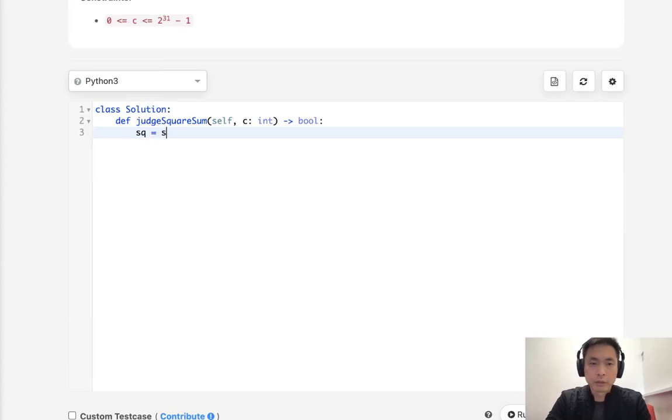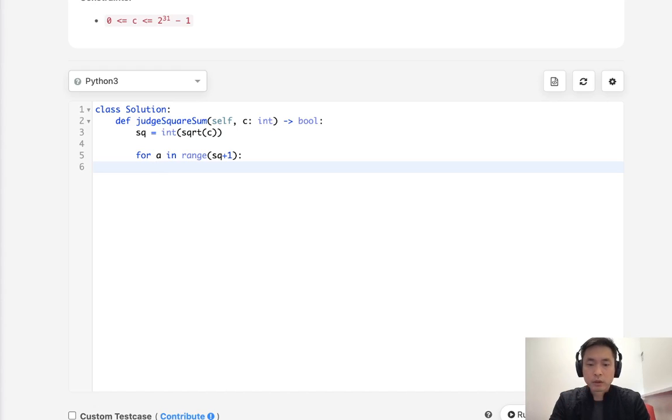Call it square, and we're just going to do a square root of c, but make sure to convert this to an integer. So if that's the case, maybe we can calculate this by saying for a in range of square plus 1, because we want to include 0 and the number itself, we could just check to see if we can find this other integer that's going to equal c at the end of the day.